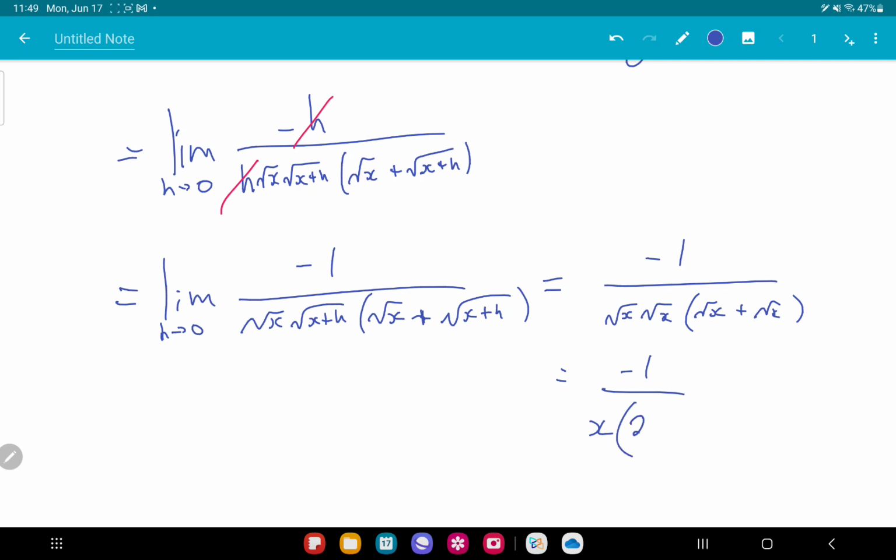And then we have 2 root x. And if you want to make this a bit prettier, we get negative 1 over 2x root x for our final answer.